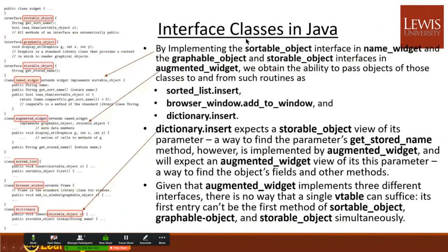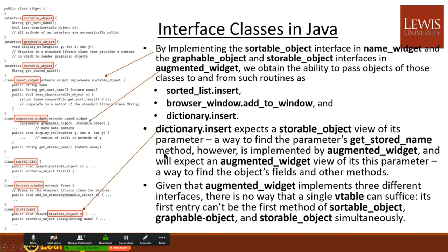So right here we have interface classes in Java. We implement the sortable object interface in name widget, and the graphical object and sortable object interfaces in augmented widget. We obtain the ability to pass objects to those classes by doing this.